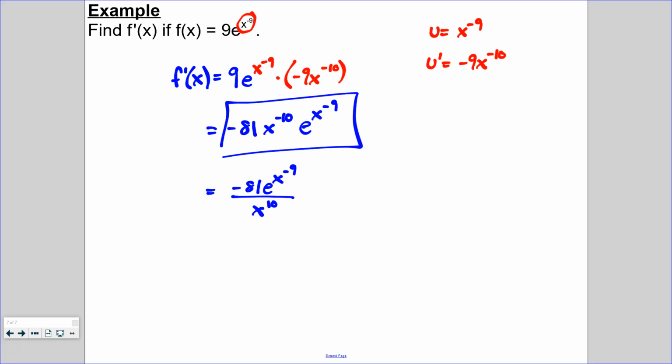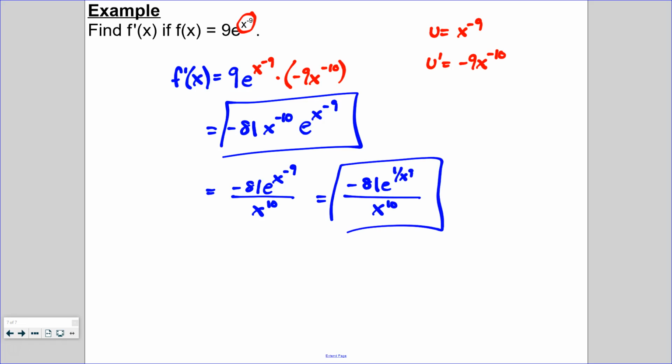We can even be fancier and rewrite this as negative 81 e to the 1 over x to the 9th all over x to the 10th, and get rid of all the negative exponents. But again, that is being fancy. Our original answer is 100% acceptable. And alright folks, that is it. That is finding the derivative of an exponential function with base e.